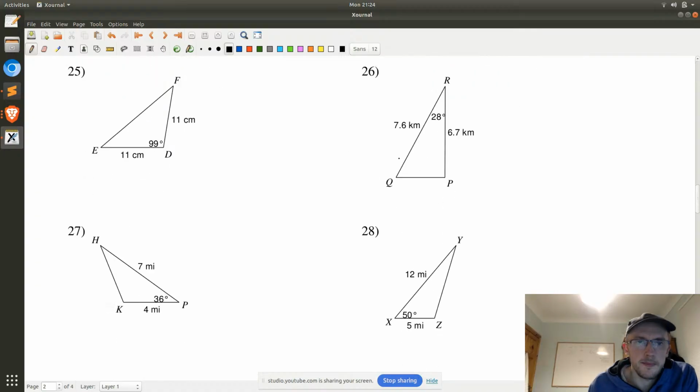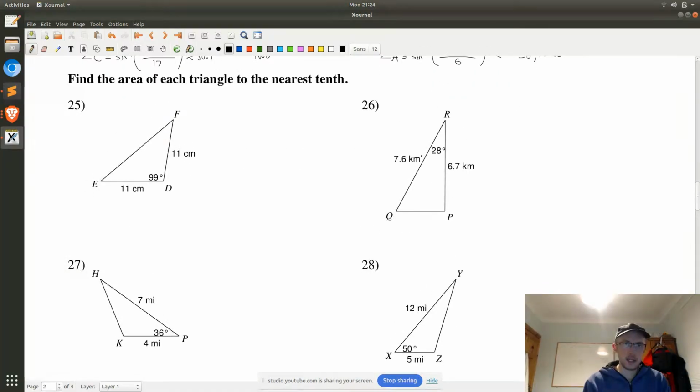Okay, good. Now, to find the area of each triangle to the nearest tenth, and for that we use what's known as the area rule, and it says that the area of a triangle is half of BC multiplied by the sine of A, where B and C are just any two sides of the triangle in question, and A is the angle between them.